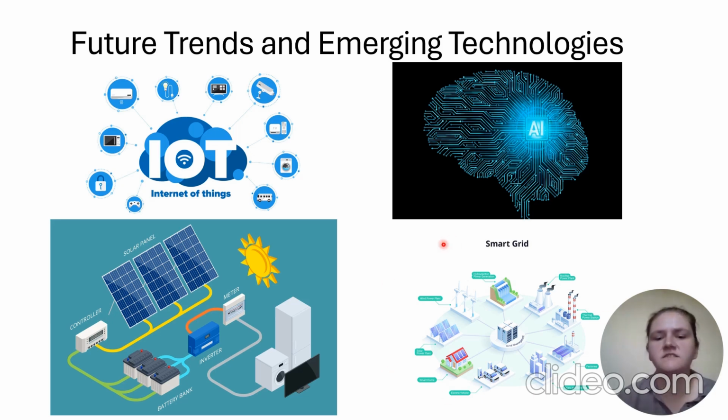Other future trends are smart grids, and we need the smart grid to ensure efficient energy transmission, and we can also combine IoT and AI here for dynamic load control.